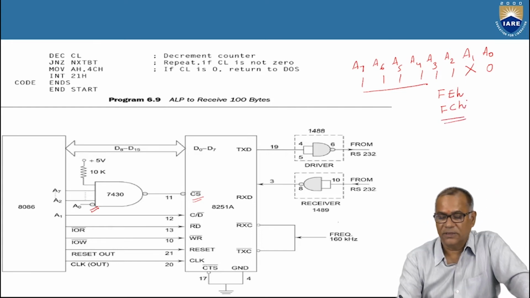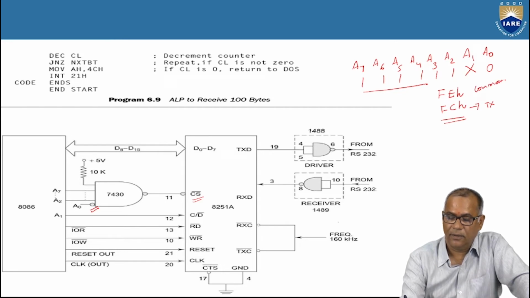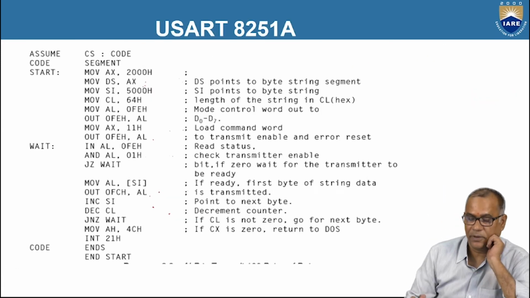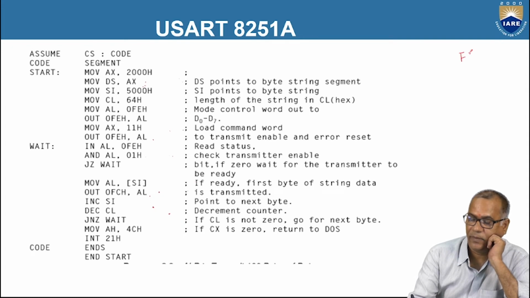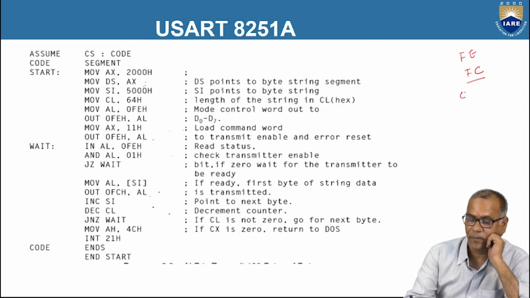Okay, so this is for the command or mode word, and this is used for the transmission. This is for the transmission, and this is for command. Now this is the program. So we have FE and FC, and the mode word is 0BEH.